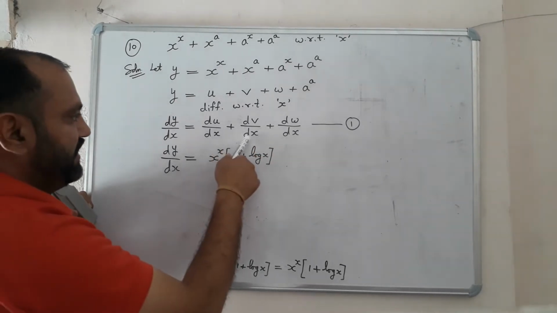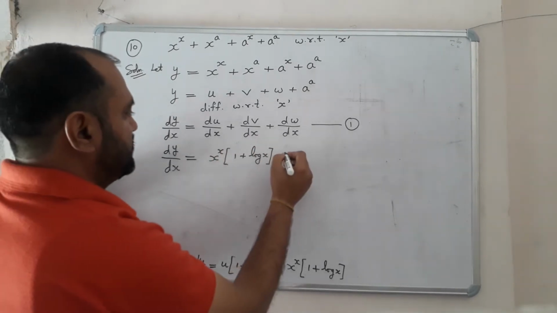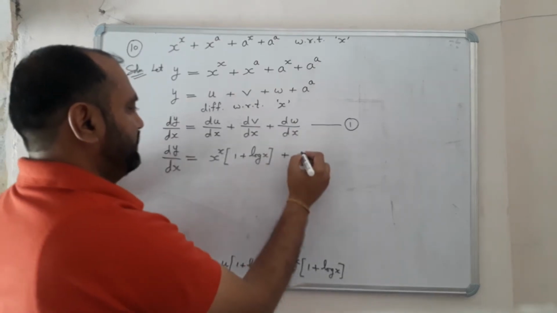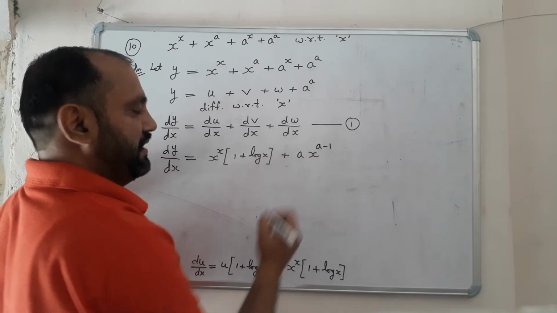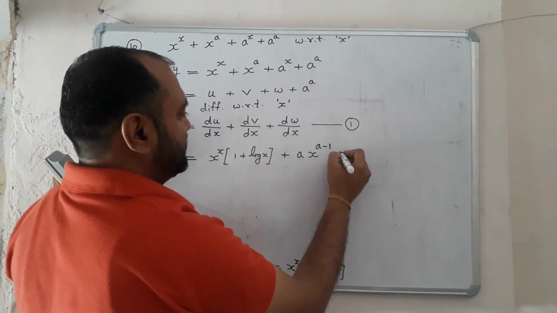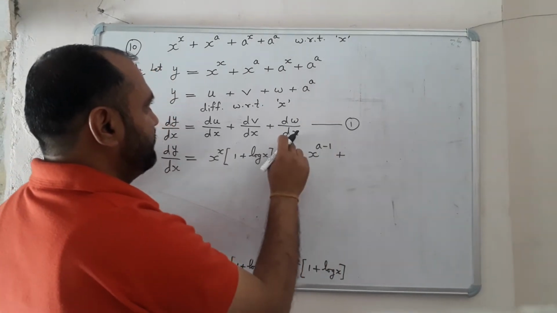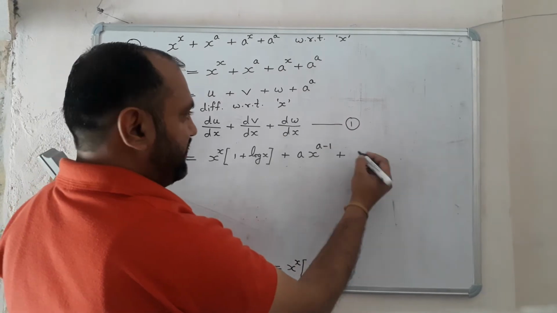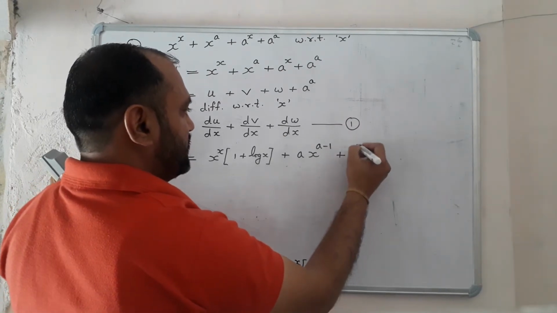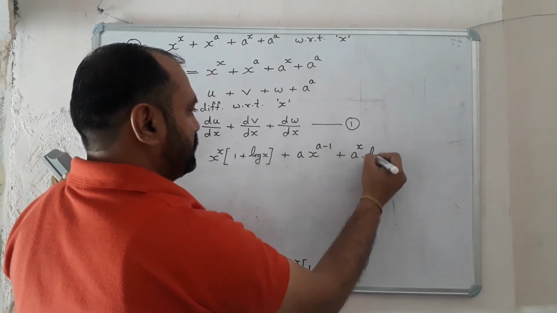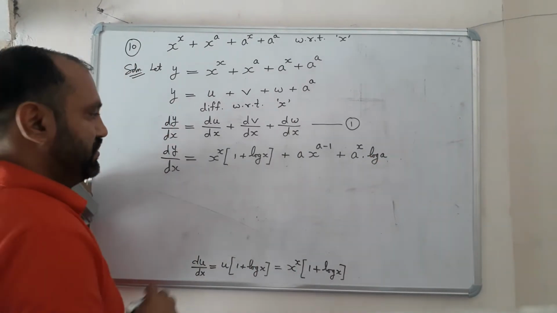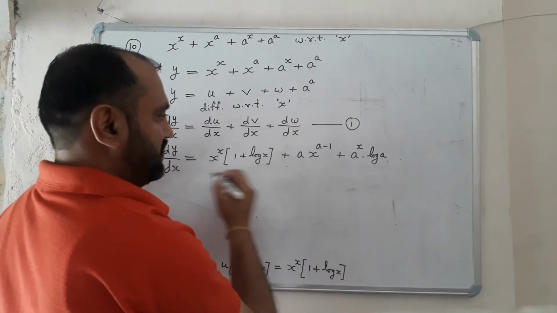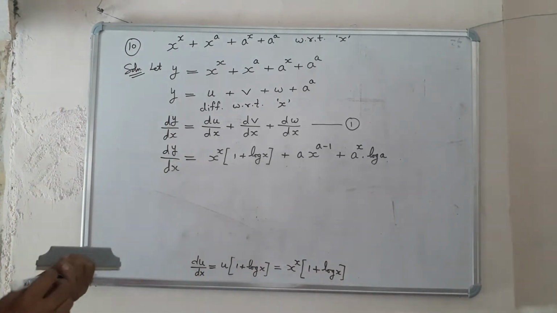And the value of dv by dx, plus its value is a x raised to the power a minus 1, and plus the value of dw by dx, as we have done, its answer is a raised to the power x into log of a, right. So this is the required answer.